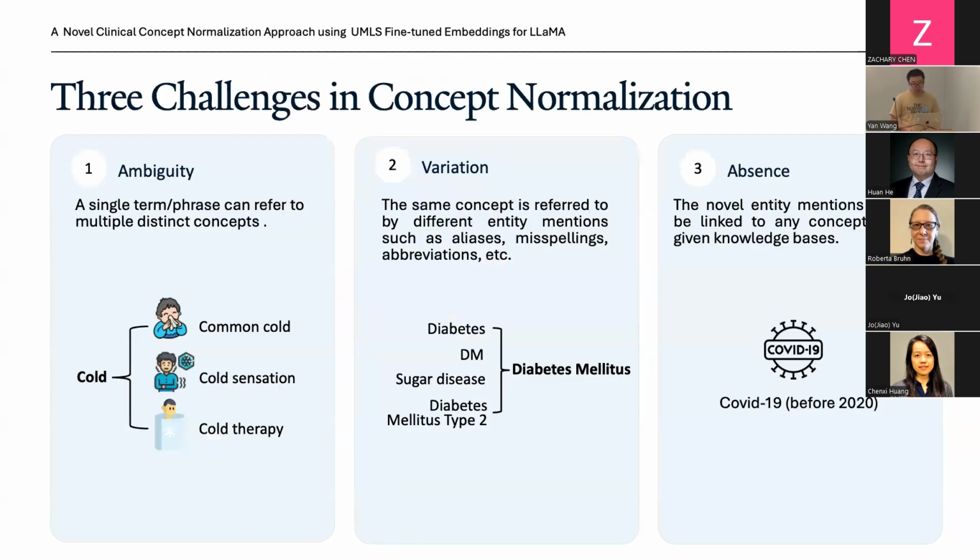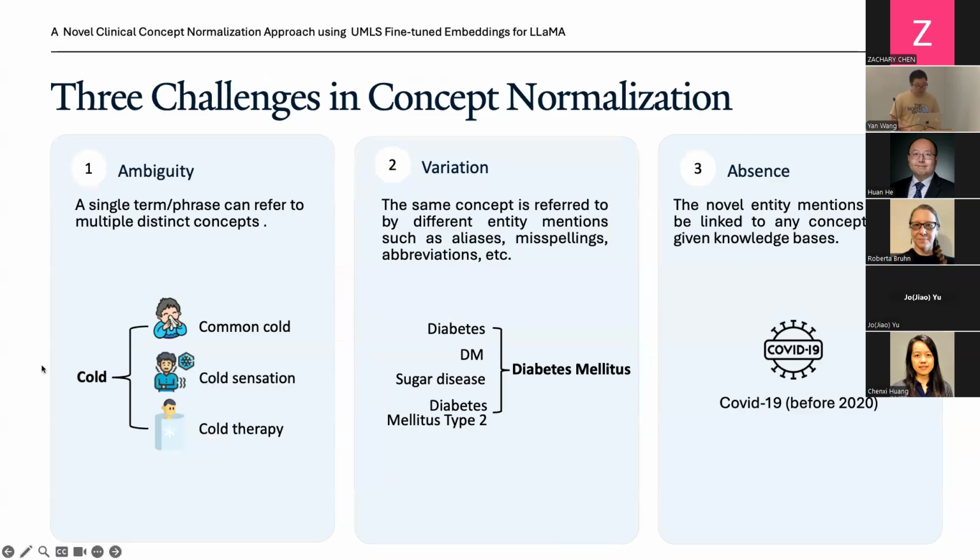In general, the major challenges for clinical concept normalization are ambiguity, variation, and absence. Ambiguity occurs when a single term or phrase can refer to multiple different concepts.